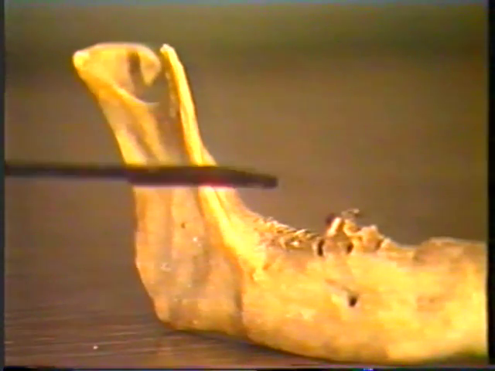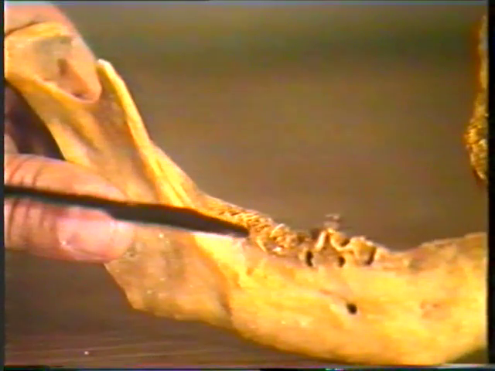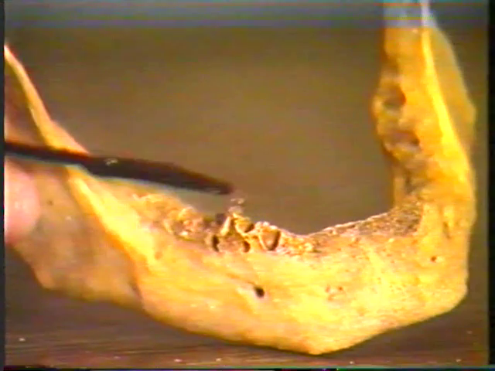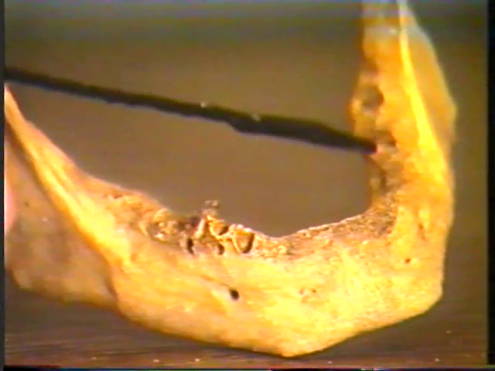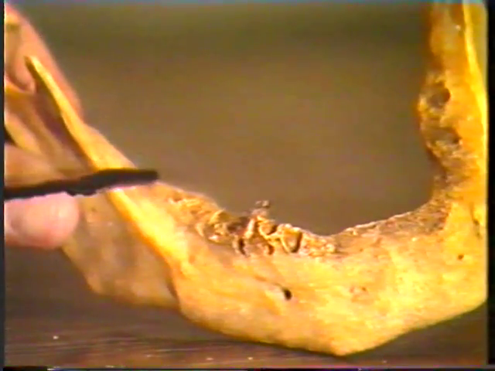The upper border of the body of the mandible is termed the alveolar process, which carries the sockets or alveoli of the teeth. It should be noted that a gap exists behind the last molar tooth between it and the anterior border of the ramus.